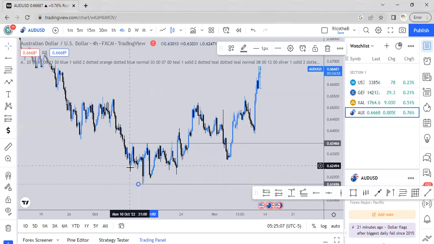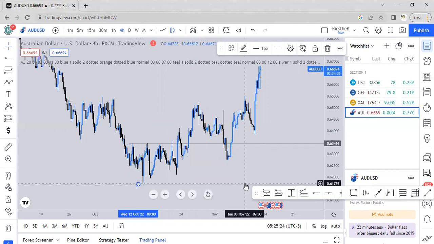Because this is where we had the last pullback. After this entire push that gave us a lower low, price pulled back to give us a lower high. Then again price pushed past this lower low to give us a lower low. This simply means this point and this point, at that particular time, were playing as the swing points.